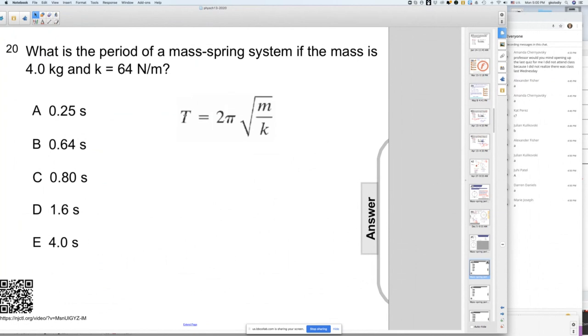So this is the equation you got to use. Basically, use that equation to answer the question. So in this problem, this is going to be 64. This is going to be 64. And this is going to be 4.